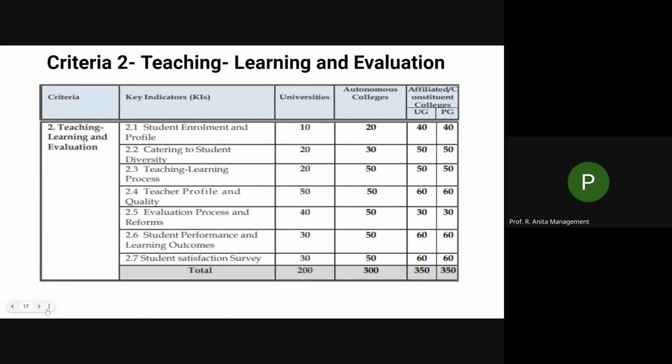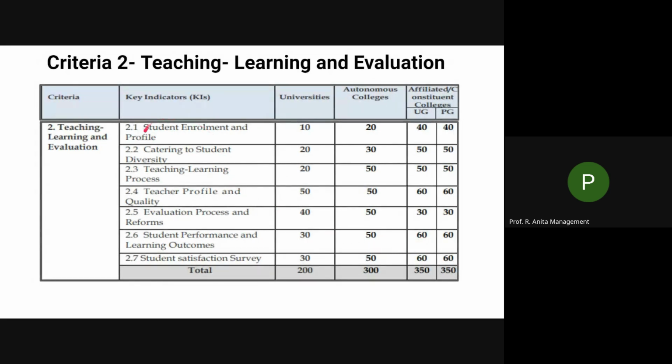These are very important things where we need to focus. Similarly, whether it is autonomous or affiliated colleges, the maximum marks are 60, where teacher profile, student performance and learning outcomes, and the student satisfaction survey are very, very important.